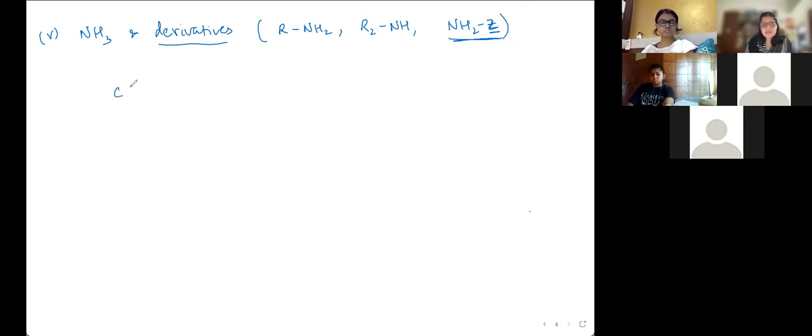So again, the key in this is to identify what would be your negative and positive side of things. Like what would be your nucleophile in this? Where do you think the bond is going to break? Nitrogen will be minus, right? Yes.